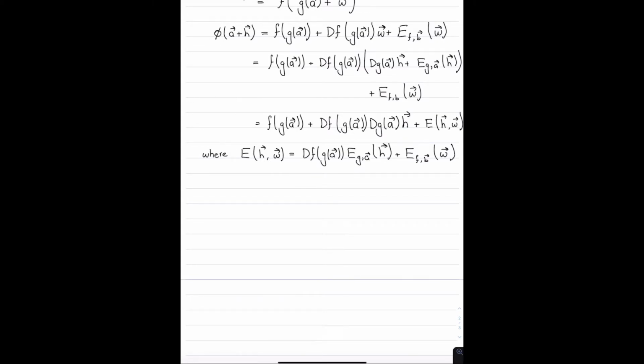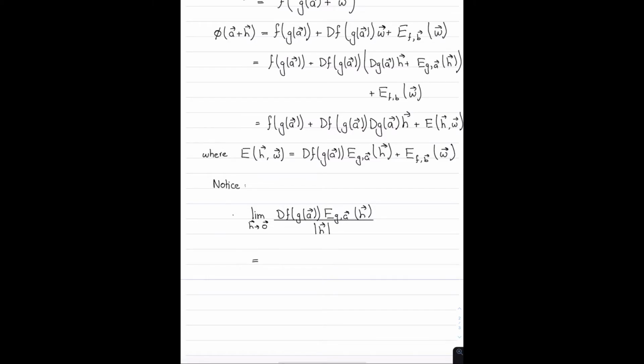So notice, the limit as h approaches the 0 vector of the derivative of f of g of a times the error term of vector h divided by the norm of h.